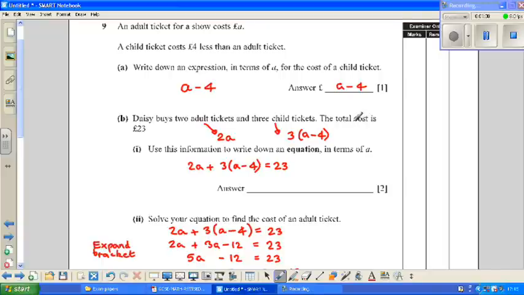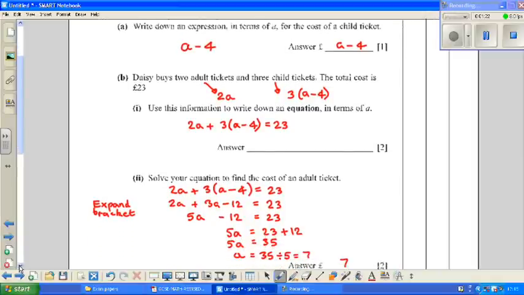And we're told that the total cost of those 2 adult and 3 child tickets is £23, so we can write that out as an equation: 2A plus 3 brackets A minus 4, close the brackets, equals the total cost, which is 23. So that's the answer to part B.